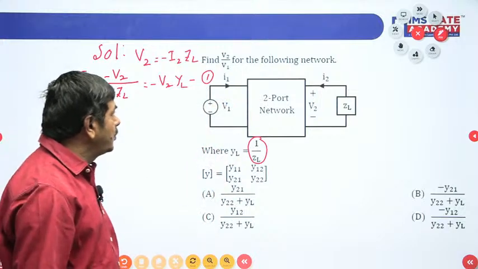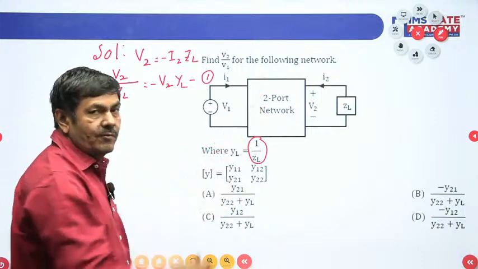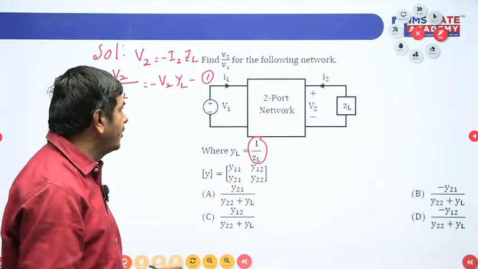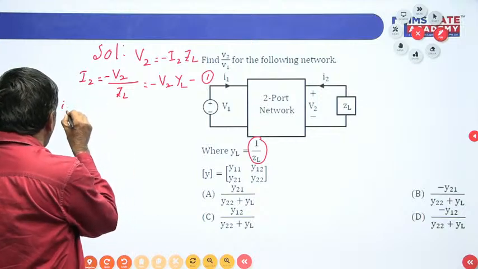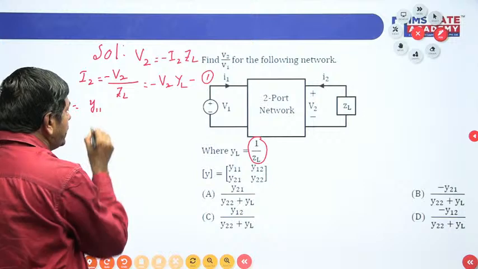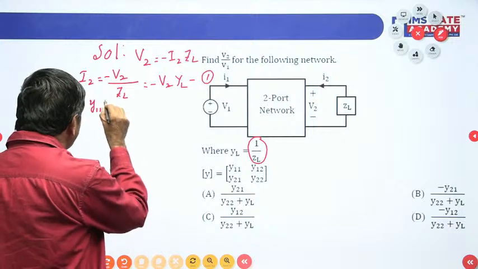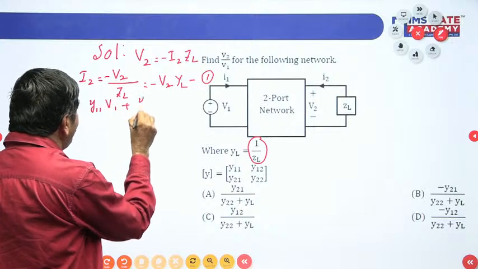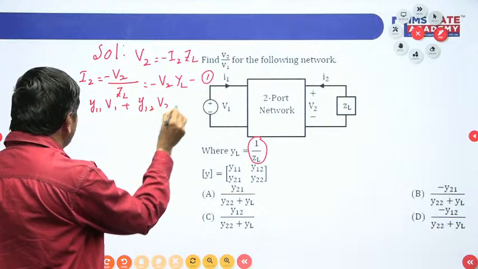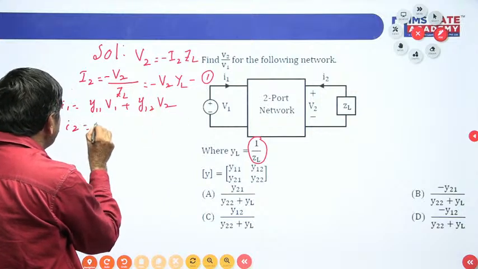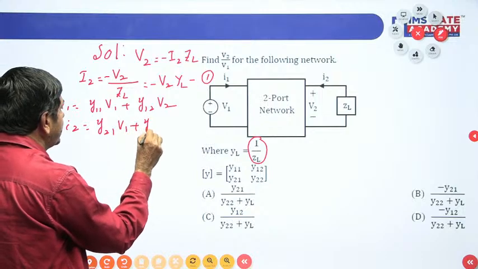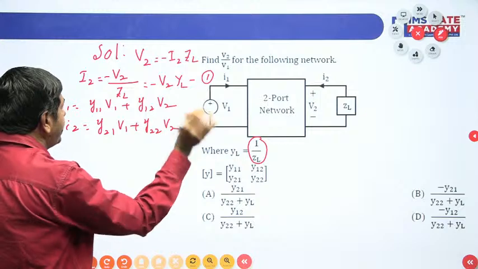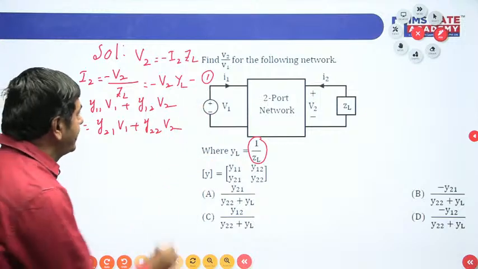Next, what I wish to do is note down the Y parameters. What are the Y parameter equations? You know very well, I1 equals Y11 into V1 plus Y12 into V2. What about I2? Y21 into V1 plus Y22 into V2. That we know very well.